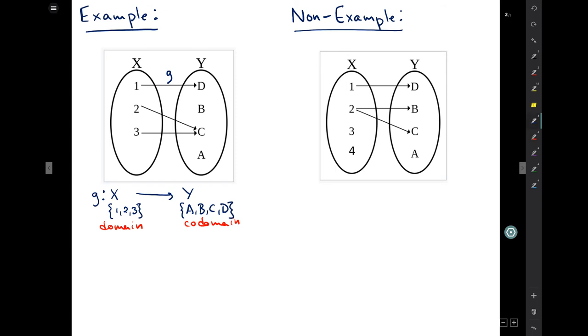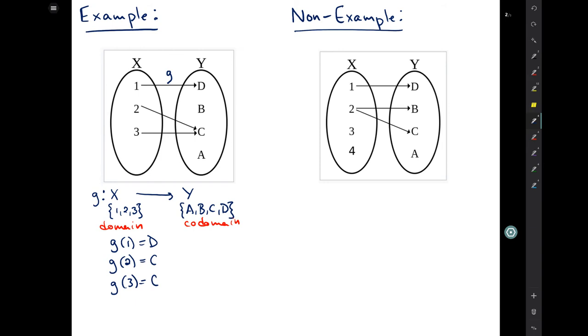So in function notation, what we have going on is that g of 1 is D, g of 2 is C, and g of 3 is also C.